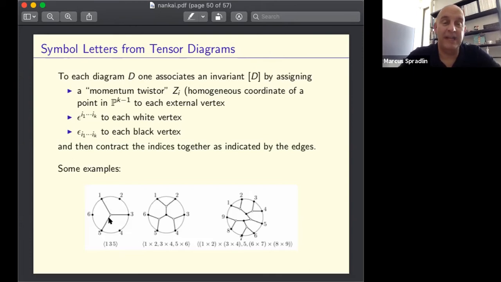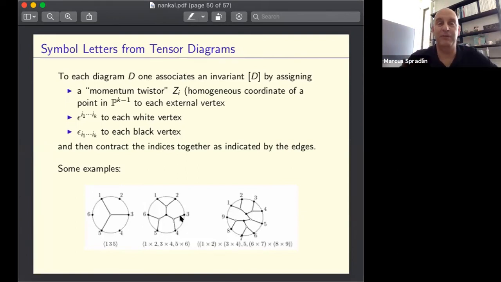Then to every white vertex, you associate, now I'm switching to physics speak, basically an epsilon symbol with upstairs indices, to every black vertex, an epsilon symbol with downstairs indices, and then you contract the indices according to the edges in the diagram.